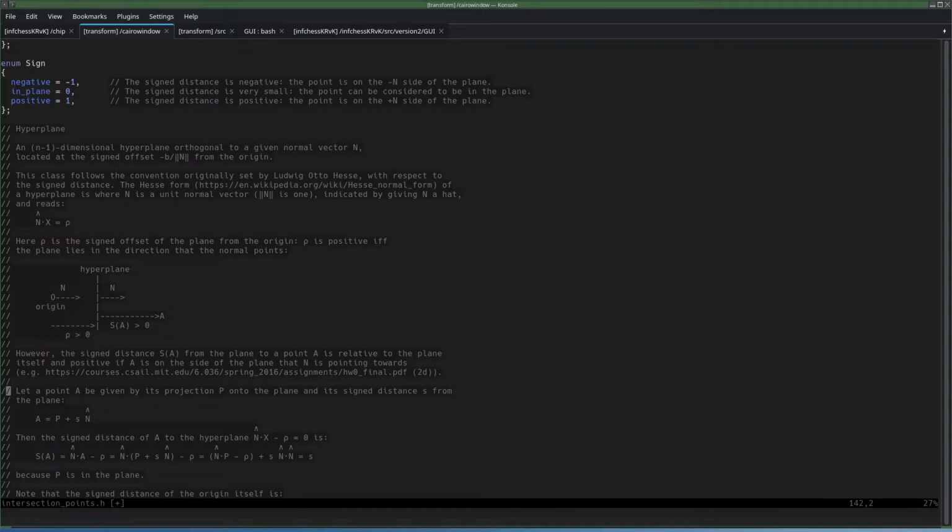Let a point A be given by its projection P onto the plane, and its signed distance S from the plane. So A is P plus S times n head.